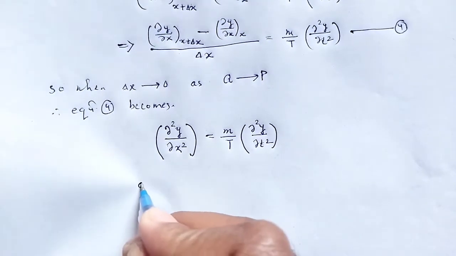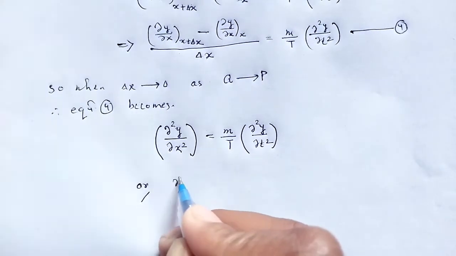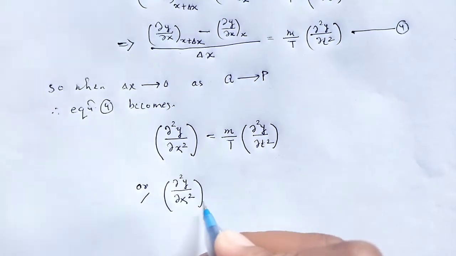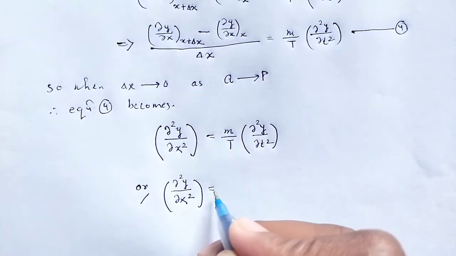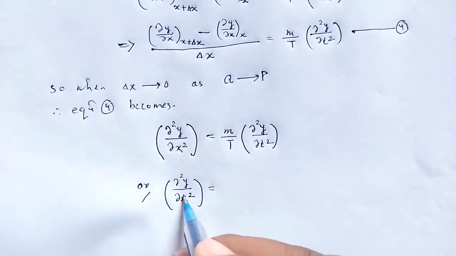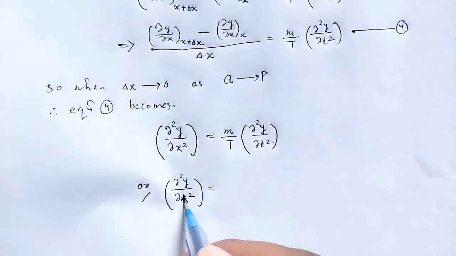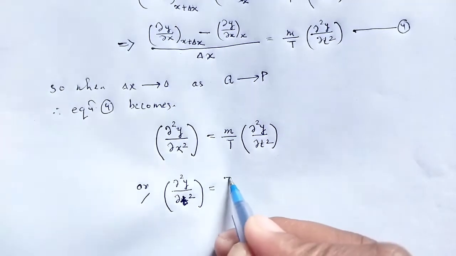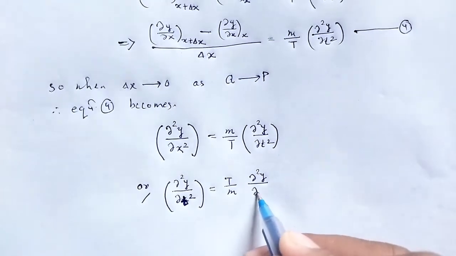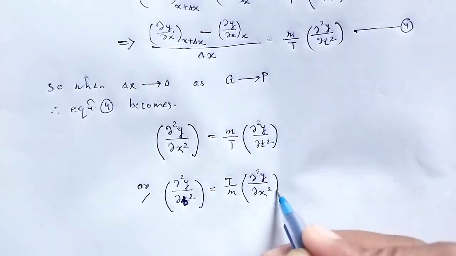Or, del 2y by del t2 is equal to T by m del 2y by del x2. That is equation number 5.